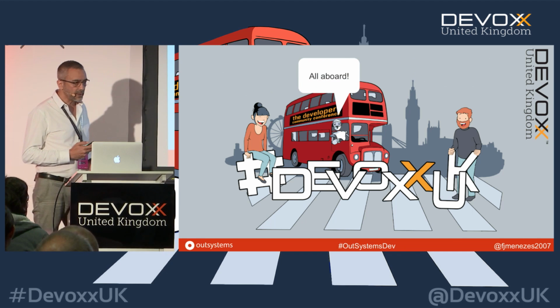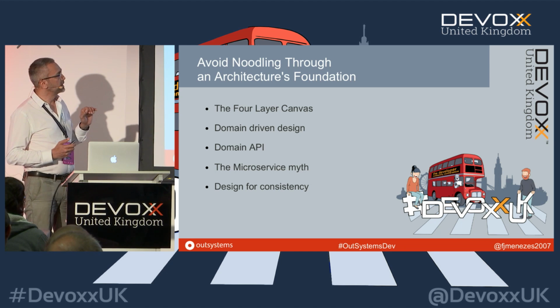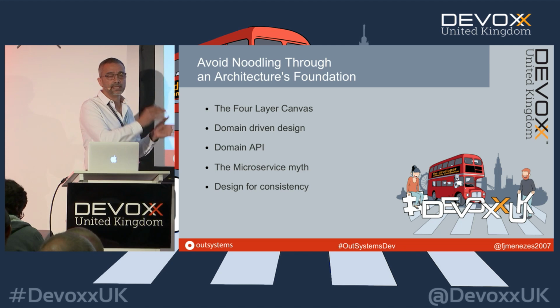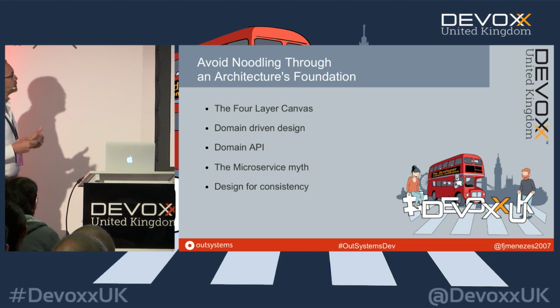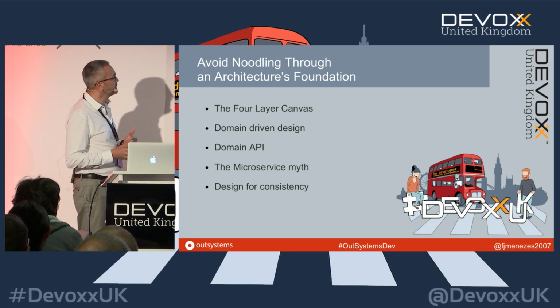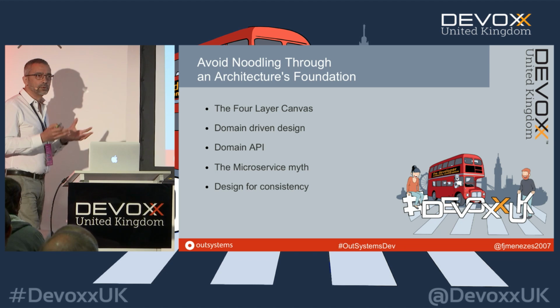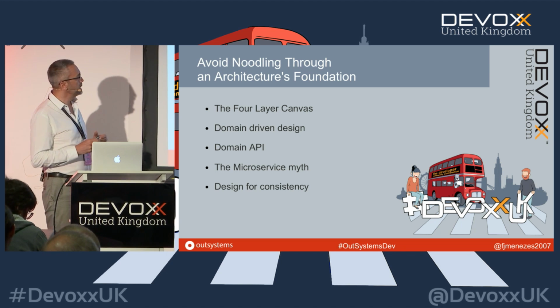Okay? So let's start. I will start by introducing the 4-layer canvas, which is the framework that we use to map business concepts into software artifacts. Then I will introduce the benefits of domain-driven design and some considerations about how to design a proper domain API.